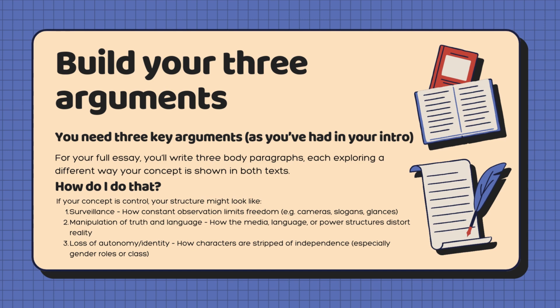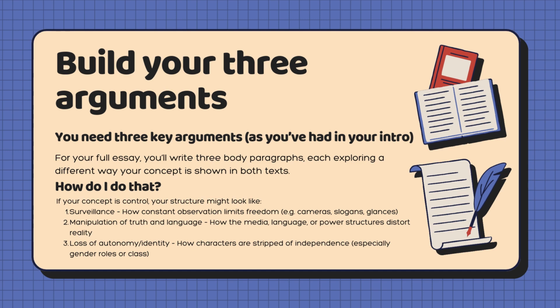If your concept is control, your structure might look like this: your first body paragraph talking about surveillance and how the constant observation limits freedom, that is cameras, slogans, and glances. In paragraph 2, I might talk about the manipulation of truth and language, how the media, language, or power structures distort reality in both texts.